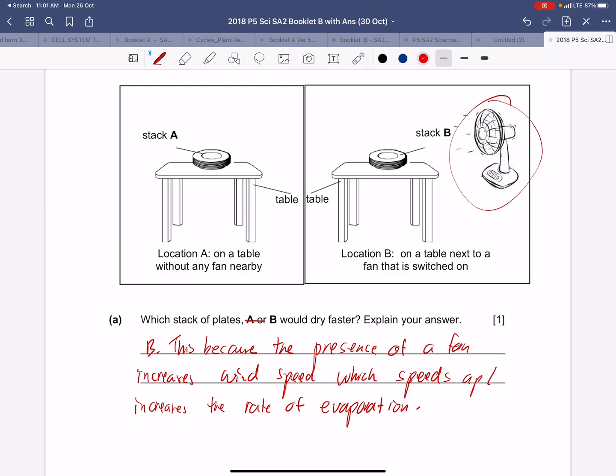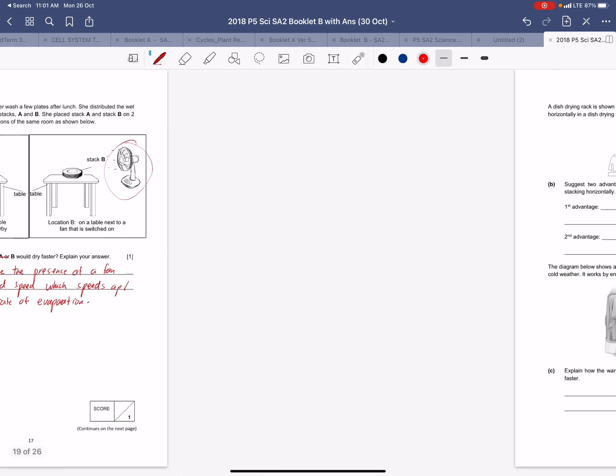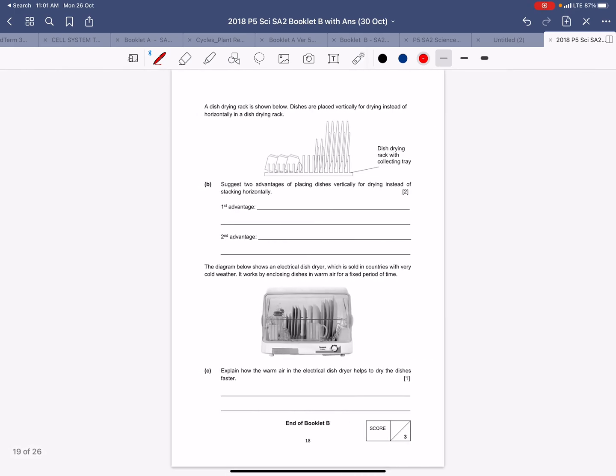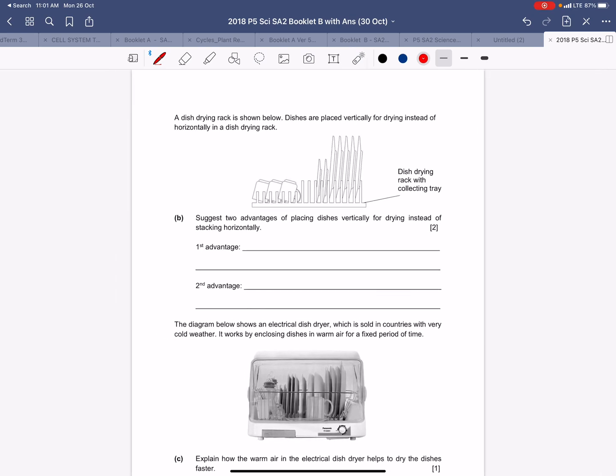Okay, which many of you left out. Moving on. Okay, question B and C.